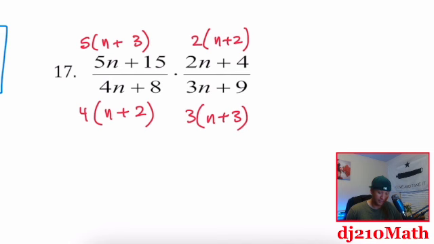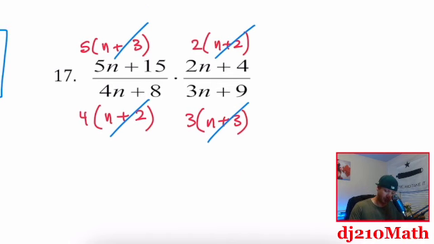Now, this is fully factored. Can anything cancel? That's the question. Well, let's see. N plus 3, N plus 3. You can cancel diagonally. N plus 2, N plus 2, top and bottom, diagonally. And then last, 2 and 4. 2 goes into 2 once, 2 goes into 4 twice.